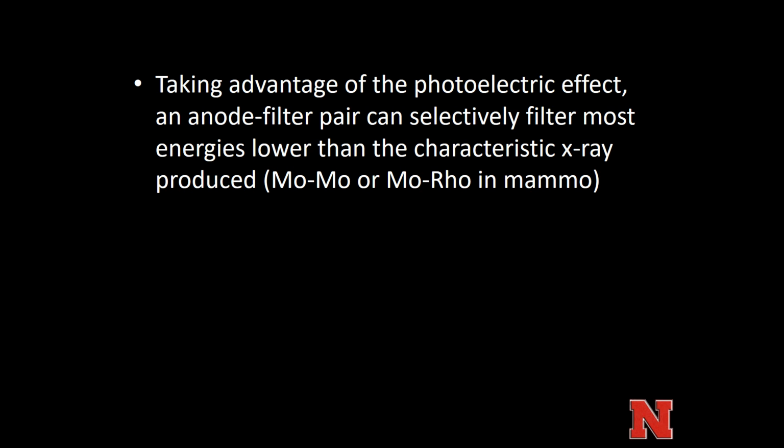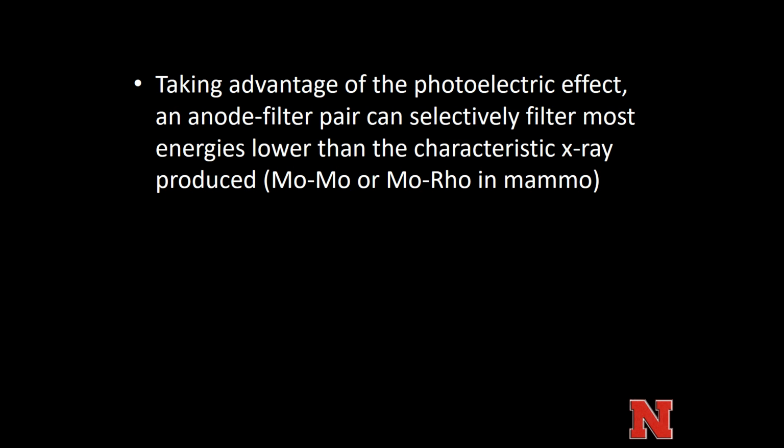Taking advantage of the photoelectric effect, an anode filter pair can selectively filter most energies lower than the characteristic X-ray produced. What does that mean? What setups are in real life is, for a given anode and a given task, you're going to pick a different filter to get rid of all the useless stuff and take advantage of things that you want, like the photoelectric effect.